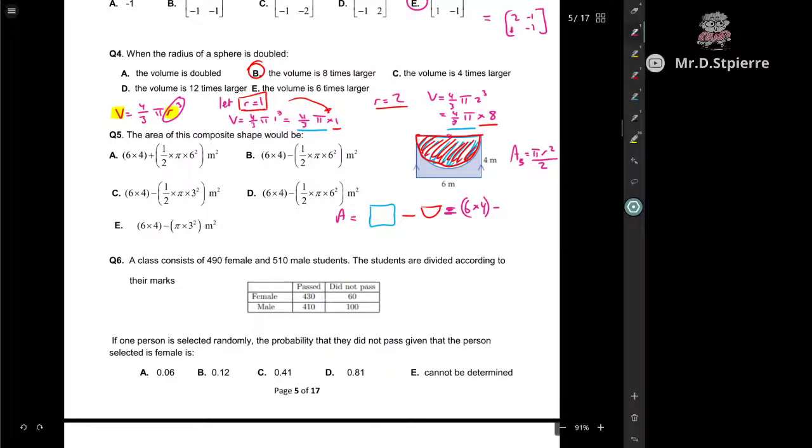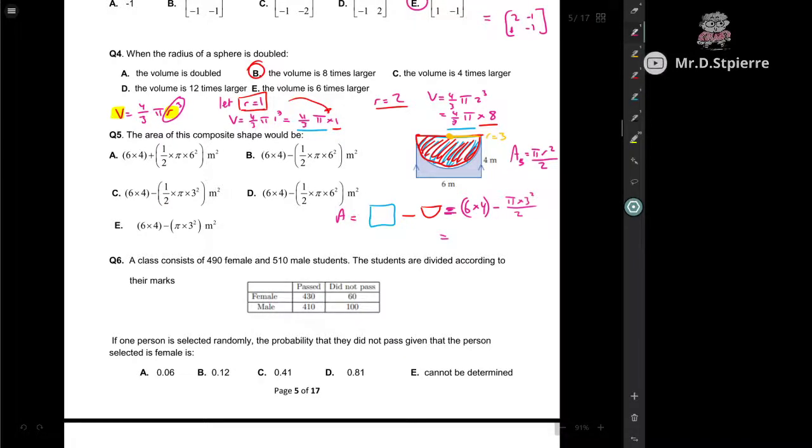The other thing to note is we need to make sure we get the radius correct. The radius is the distance from the center across, it's not the diameter, so the radius in this case is equal to 3. So we have pi times 3 squared, and then half of that.